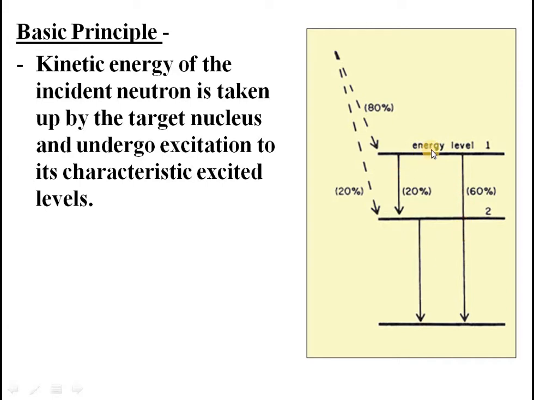Just like the atomic spectrum of a sample is unique for that sample, similarly here the nuclear energy levels and the corresponding nuclear emission photons, the gamma ray photons, are unique for a sample. No two different elements can have identical nuclear radiations or gamma rays.